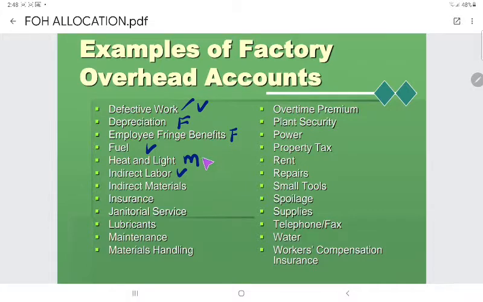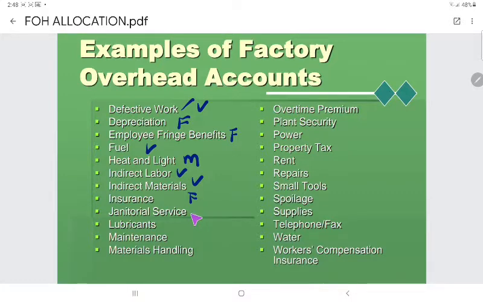By the way, why heat and light will be mixed? Kasi gamitin mo yan o hindi, meron kang babayaran. 'Di ba? Pag sa kuryente o indirect material will be variable. Insurance, normally, it is fixed. Why? Because yung premium na binabayaran mo dyan ay whether it be monthly, annually, quarterly, or semi-annual, the same. Diba?